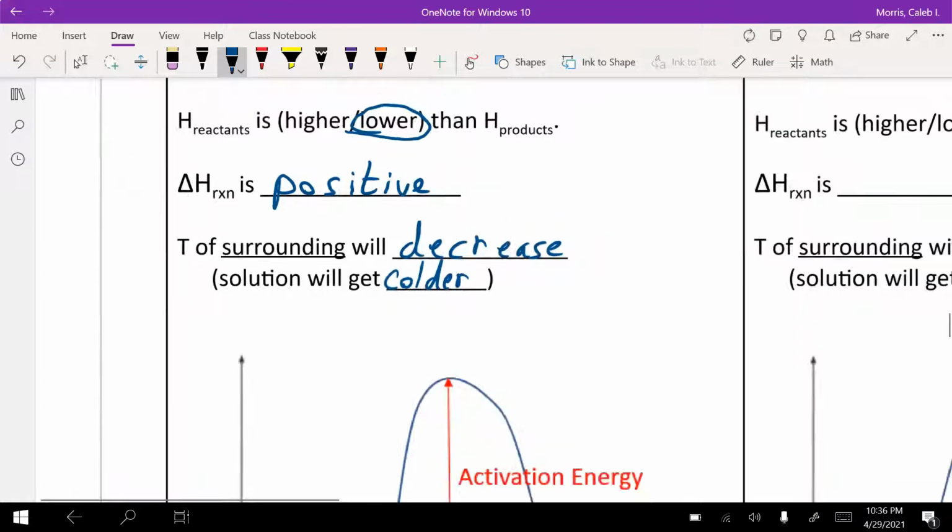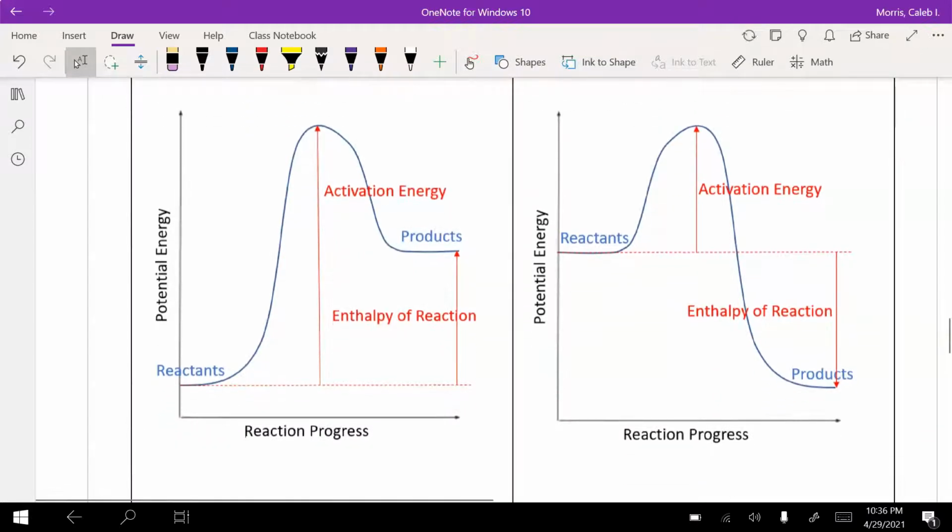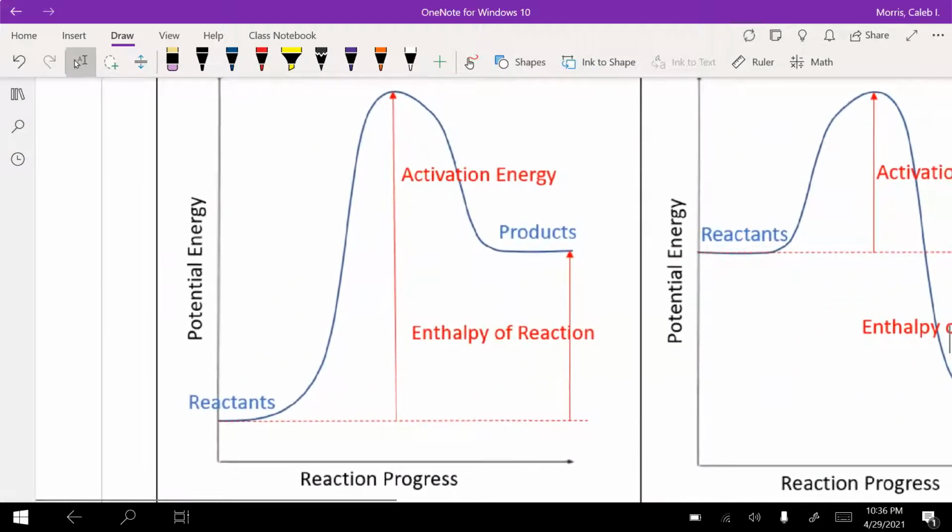Now let's look at our diagram here. I want you to notice a few things. You've got a curve, and what happens is as the reaction takes place, that's what reaction progress means, as the reaction takes place and reactants are converted into products, a certain amount of energy has to go into the reaction. And if it's endothermic, then overall the change from the very beginning to the very end is going to be an increase. It's going to be a positive change.